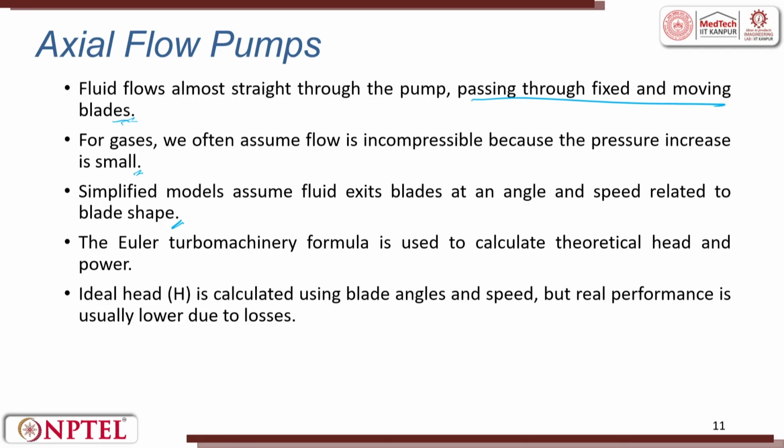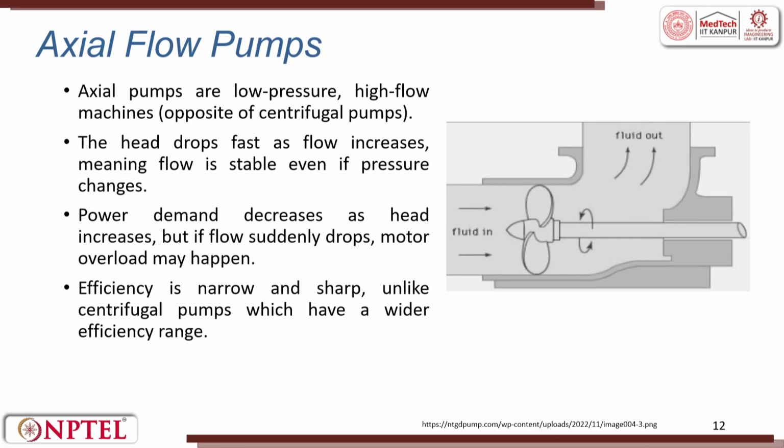The Euler turbo machinery formula is used to calculate the theoretical head and power, which we have already seen. In the tutorial, we will have a discussion on it. The ideal head H is calculated using the blade angle and speed, but real performance is usually lower due to the losses. So, now you can clearly see the figure.